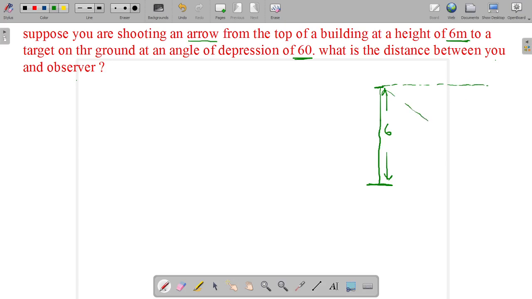So it is targeting the ground, and the angle of depression is 60 degrees.